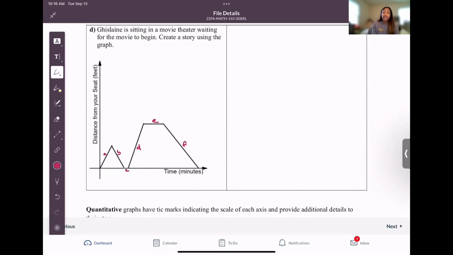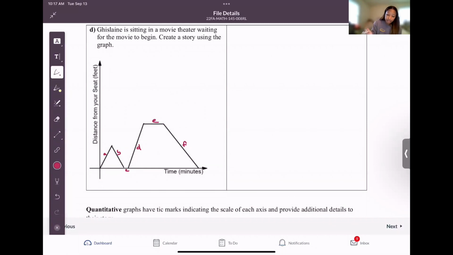Something like that. And that's the situation that would match up here. Or if it's not the concession stand, the bathroom. So the point is, this person left, came back quickly. So left and immediately turned around, stayed at the seat for a little bit, then went farther away, stayed there for a while, and then eventually came back to her seat.